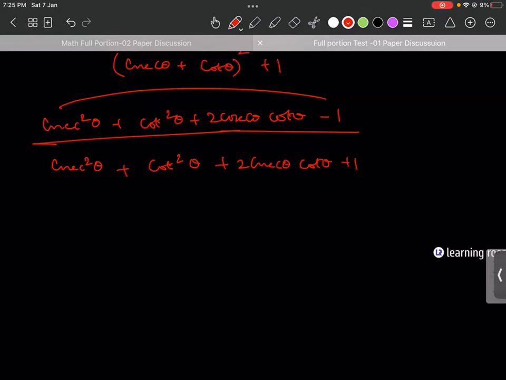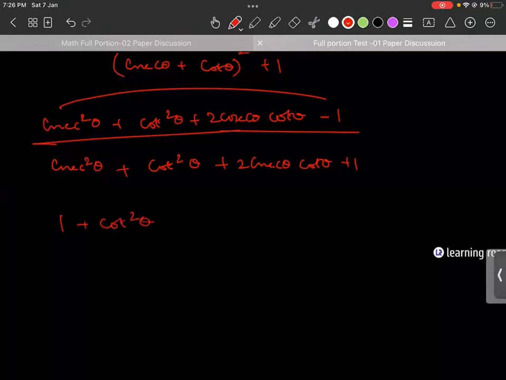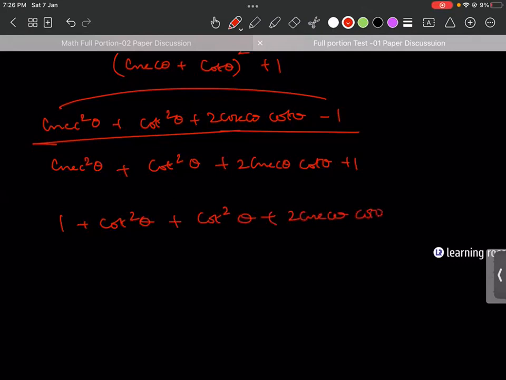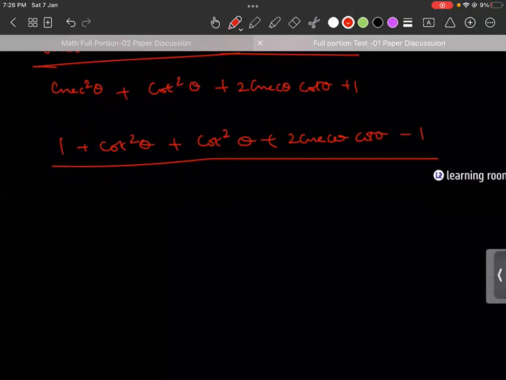Instead of me having cosecant and cot, I need to convert everything into one term, either in terms of cosecant or cot. So what I can do is write cosecant square theta as 1 plus cot square theta. You already have a cot square theta plus 2 cosecant theta cot theta minus 1, and in the denominator also I can do the same.